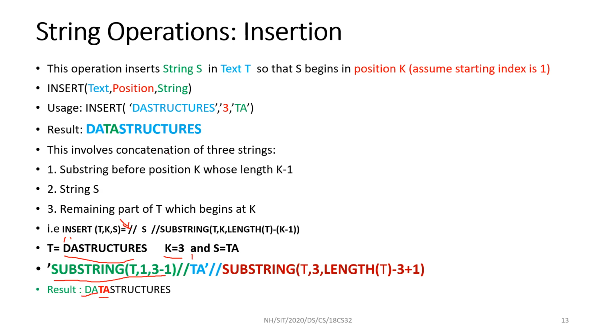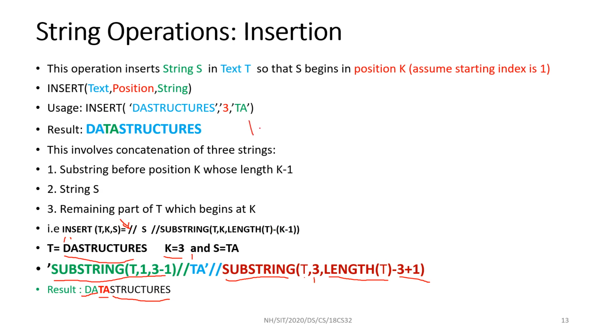Then I have to join TA, it is my pattern string S. Next, I have to extract the remaining characters. How to extract? Substring from T, position K. How many? Length of the string minus these, you have to subtract. Length of T minus (K minus 1), because earlier 2 characters were already extracted out of this string.